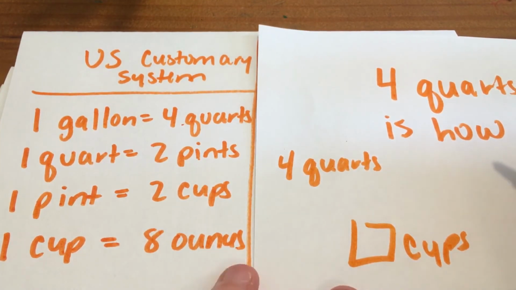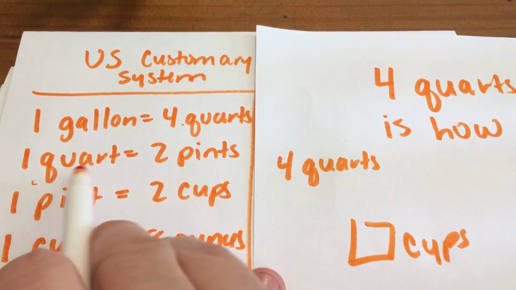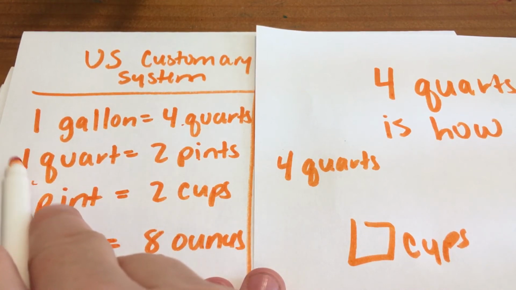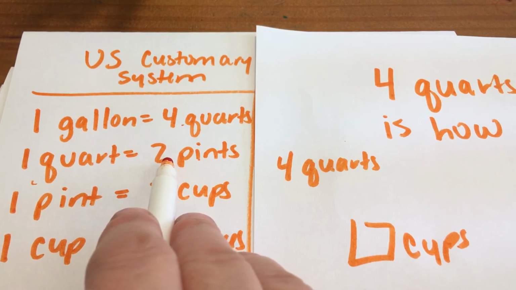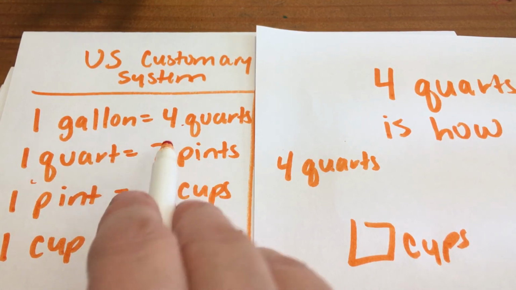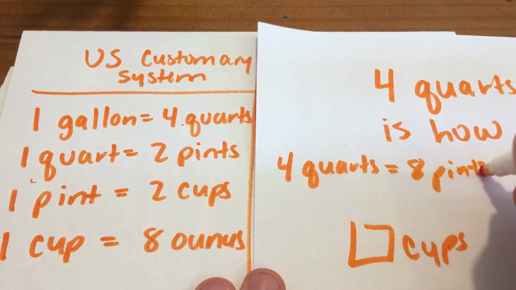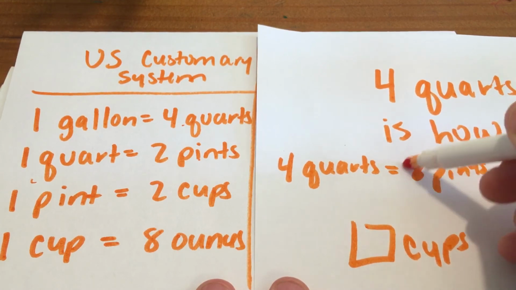Okay, so if in 1 quart there are 2 pints, that means in 4 quarts, 1, 2, 3, 4, there's going to be how many pints? 8. 2, 4, 6, 8. So now we have our pints. We have 8 pints.